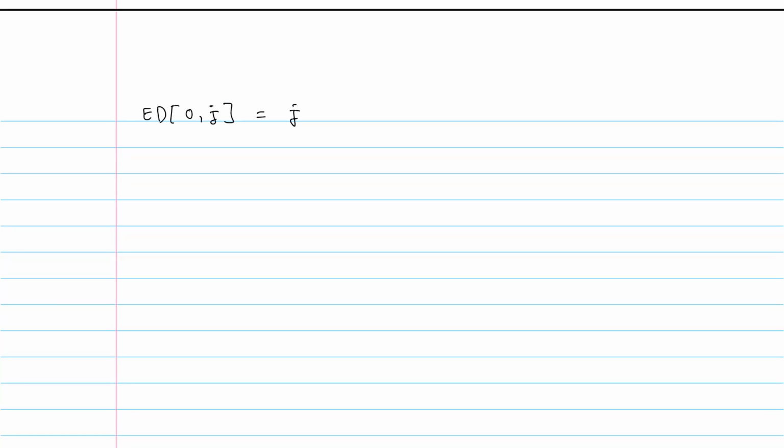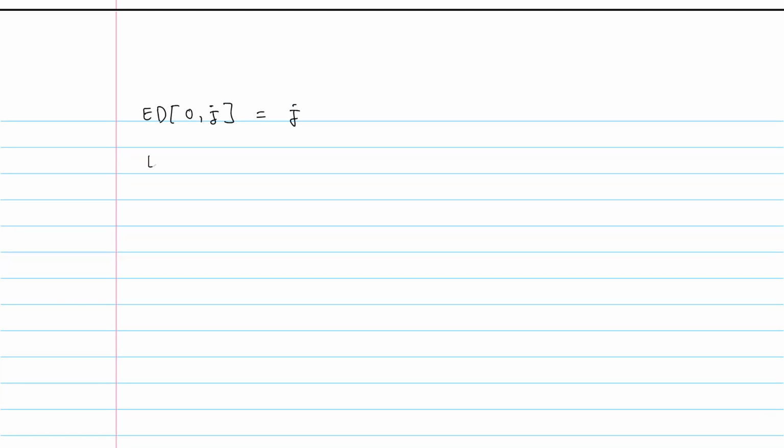This is because to transform an empty string to a string of length j, the only way you can do it is to just insert j letters in the other string.